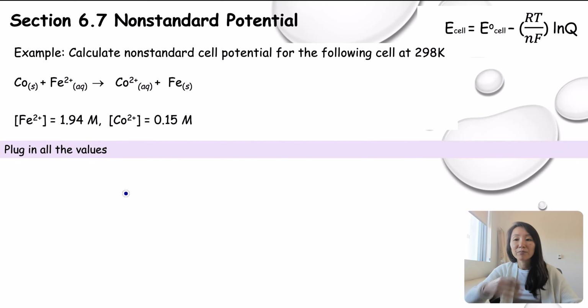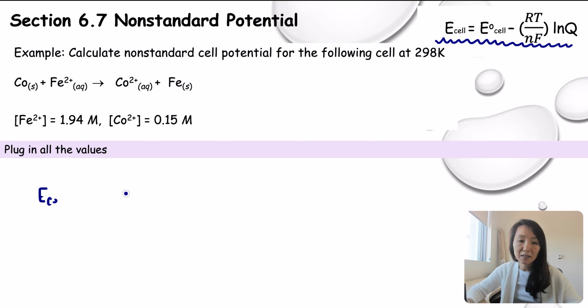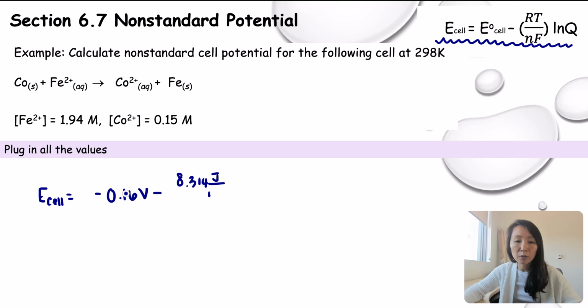Now we just plug in all the values. I have the Nernst equation on the corner here. E cell is equal to E naught cell, which we calculated to be negative 0.16 volts, minus R, the gas constant, 8.314 joules per mole K, times the temperature, 298 Kelvin, all over n.